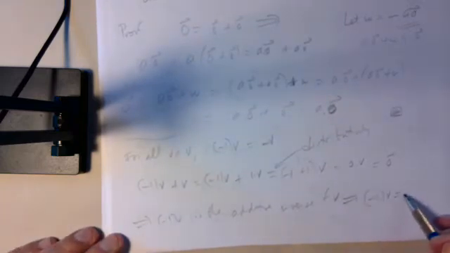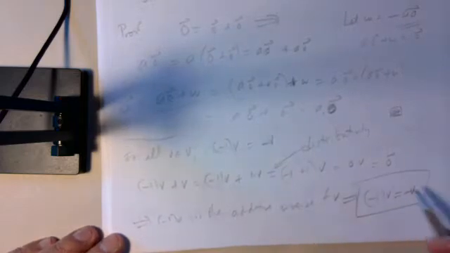So -1 times v is minus v. So these are very pretty examples of proofs in linear algebra.